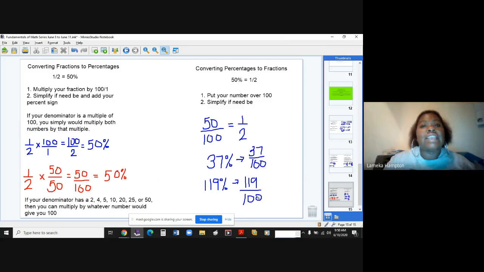In some concepts in math, that's okay. But in this instance, you want to convert your improper fraction to a mixed fraction. Okay. And when I do that, I have 1 and 19 over 100.